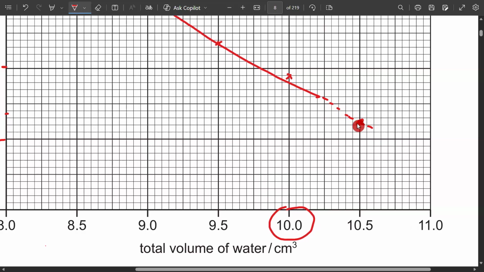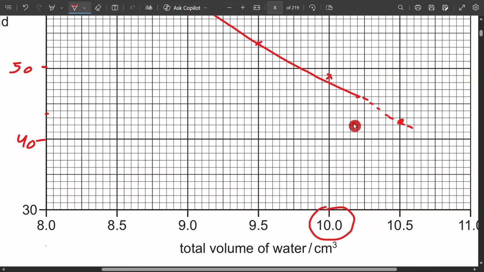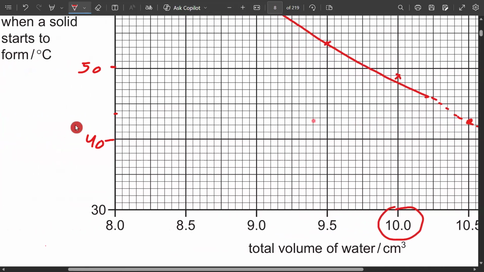Now find the temperature by checking this value on the y-axis. So this is where I get somewhere around here, this value. You can simply count the boxes here and that will give you the value.